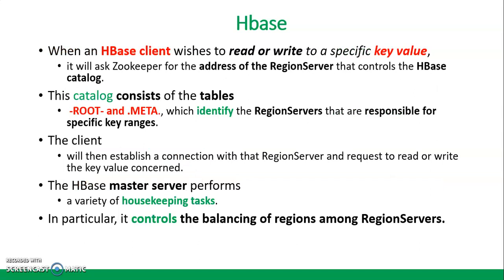When an HBase client wishes to read or write to a specific key value, it will ask ZooKeeper for the address of the region server that controls the HBase catalog. This catalog consists of the tables root and meta, which identify region servers that are responsible for specific key ranges. The client will then establish a connection with the region server and request to read or write the key value concerned.